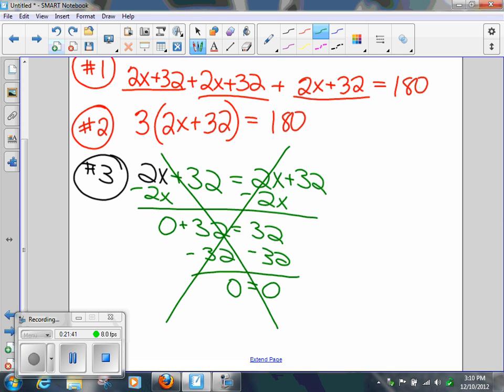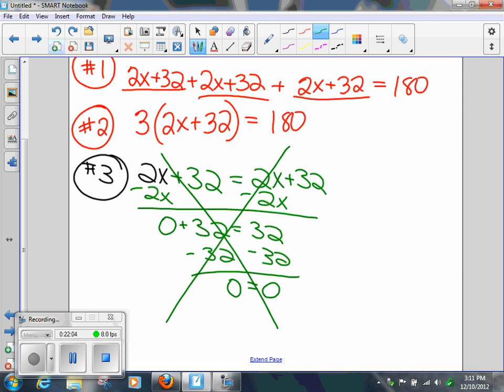Come on, y'all. It's an equilateral triangle. 2x plus 32 equals 180? Oh, you're warm. Does 2x plus 32 equal the whole thing? No, it equals one angle. What's the measure of one angle in an equilateral triangle? 60.